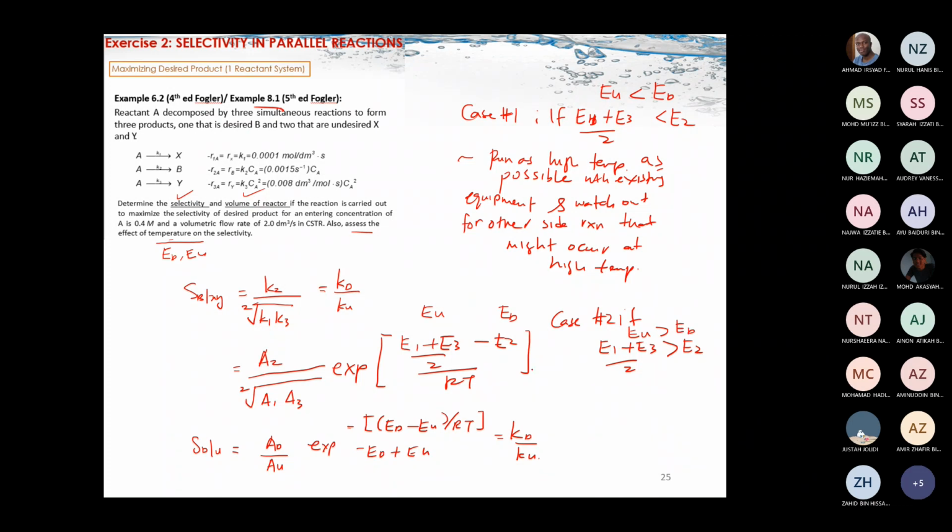Okay, so dekat sini inversekan balik, dia kena run at low temperature, but not so low lah, but not so low that significant X cannot be achieved. Okay. Okay, so itulah jawapan dia.